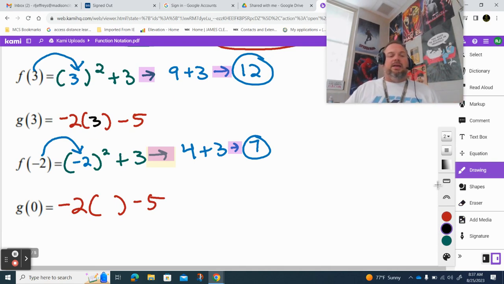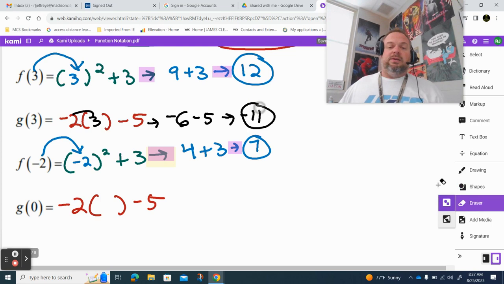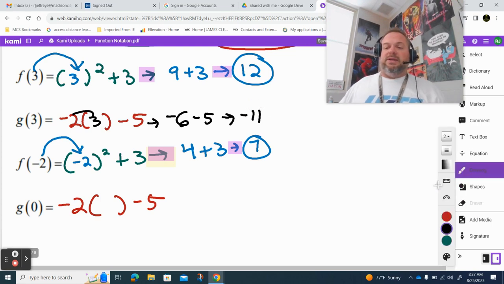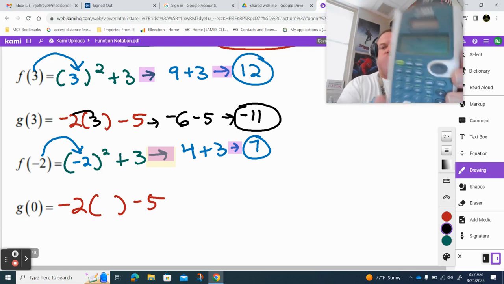All right. -2 times 3 is -6 minus 5 is -11. Or if you use your tools of being a teenager and a mathematician, you're super lazy, like I am. You just use the calculator.